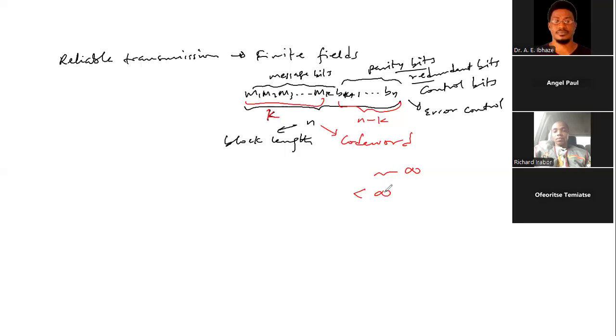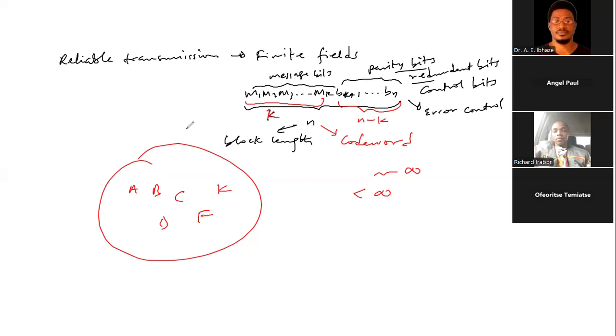So we now have a domain where the elements are within this domain. It's more like a set. We now have a set for which the elements we are going to use for transmission are included in that set. If we receive any symbol that is outside that set, then we know there is a problem. Is that okay? So if, for instance, I have A, B, C, D, F, and K in this set, you know, you did set theory.